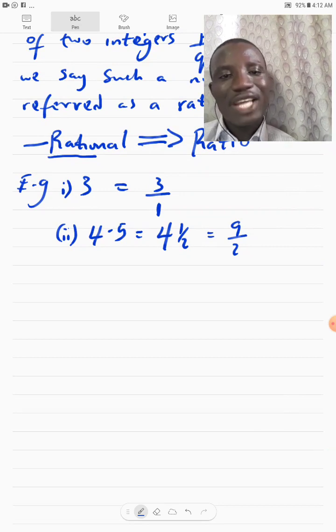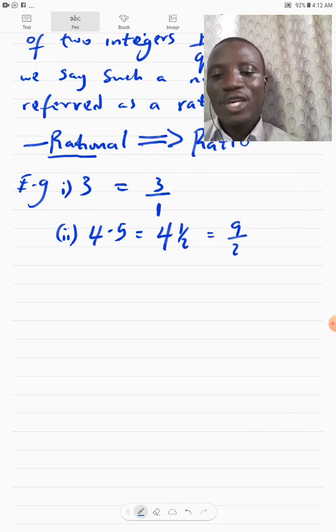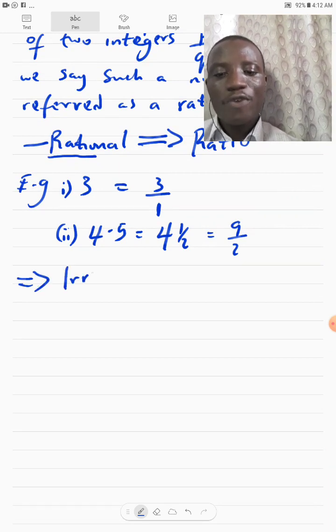So irrational number, just the way it sounds, is just the opposite of rational.